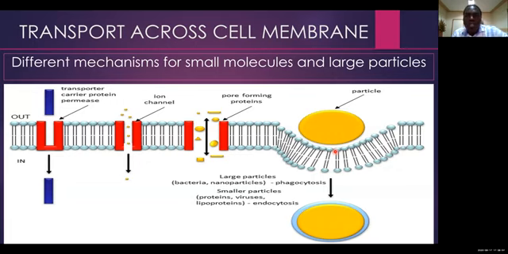I therefore want to take this chance to teach us the mechanisms through which molecules are transported across the cell membrane. This is easier done when we look at transport of small molecules separate from transport of large molecules, because the mechanisms of transporting them are different. So let's begin by looking at transport of small molecules.